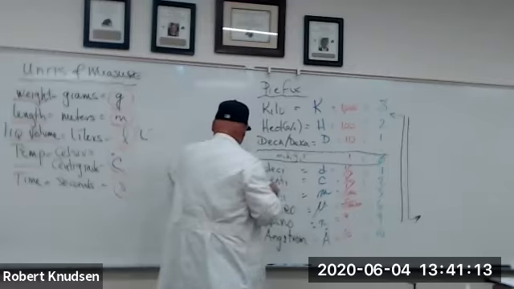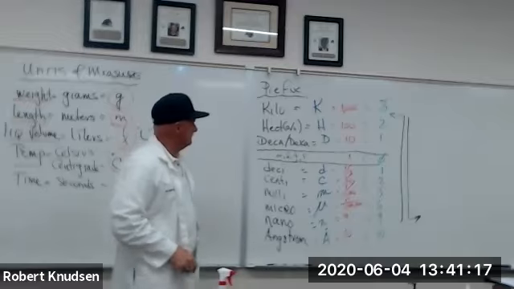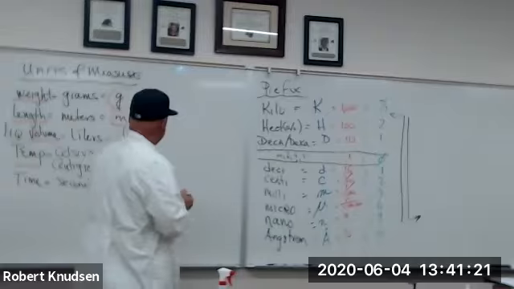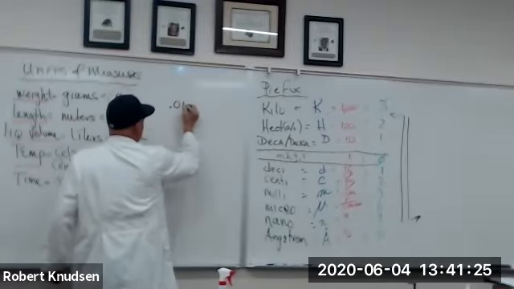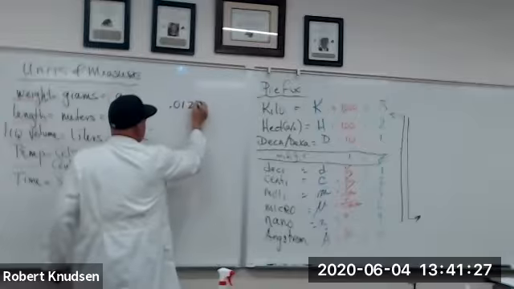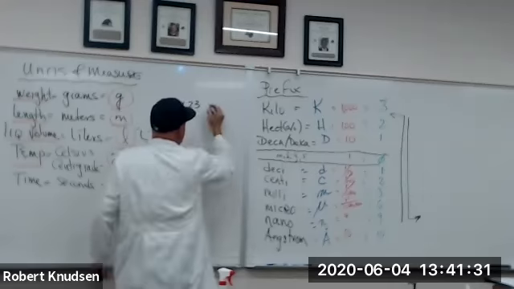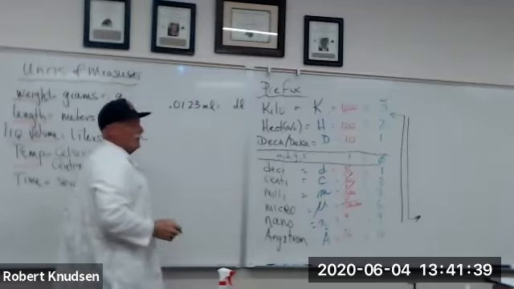Now we're checking for understanding. I'll give you a number. The number is 0.0123. I'm going to make it milliliters, and I want you to convert it into deciliters.